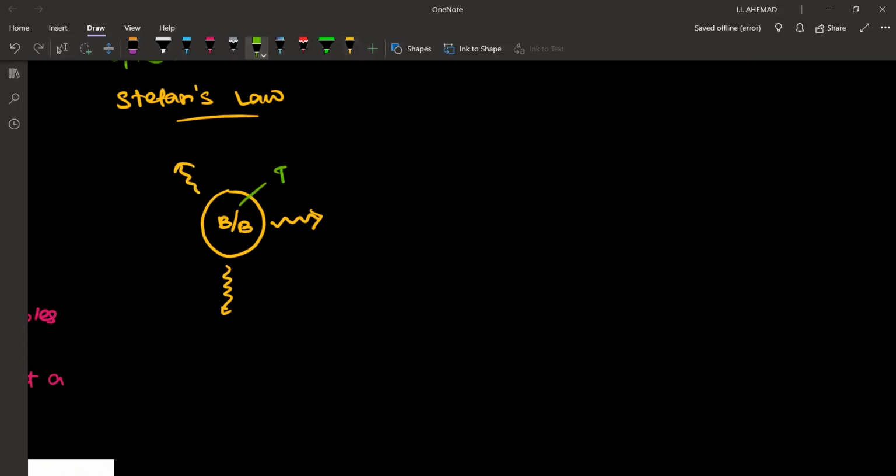When the temperature is T, it will emit radiation E, I mean energy E. So what Stefan says is the total power radiated from unit area.